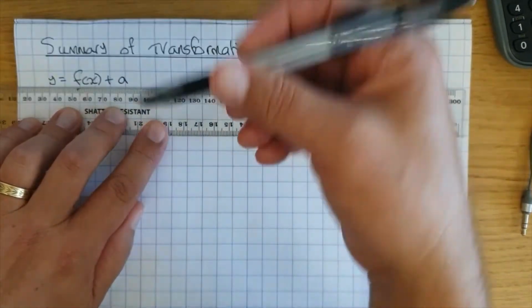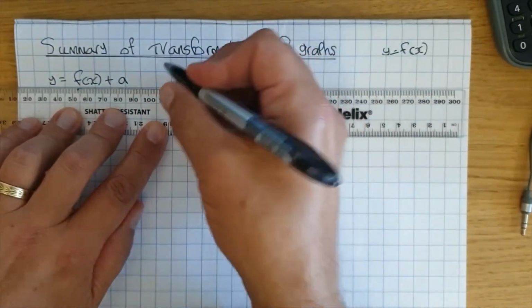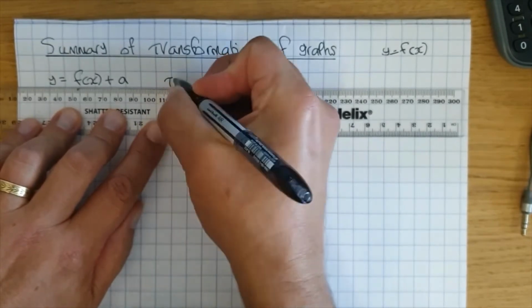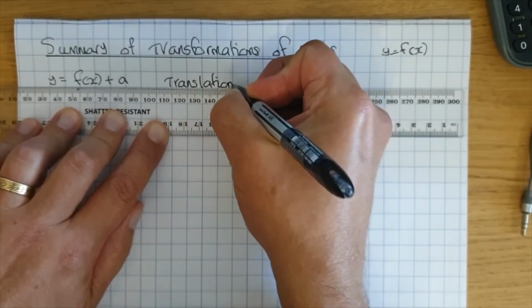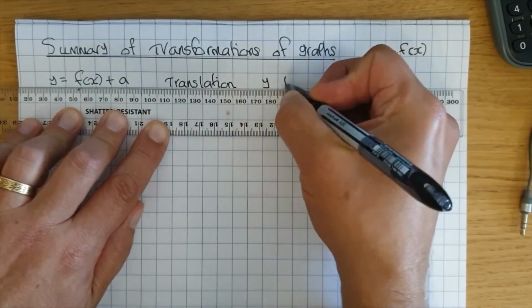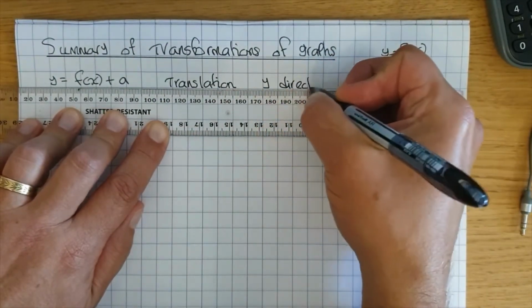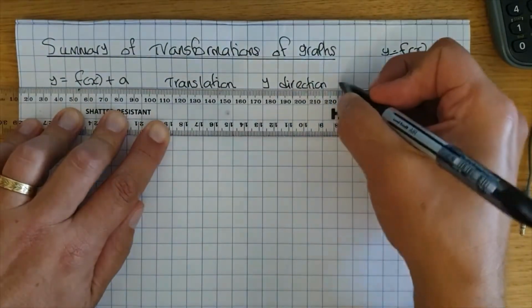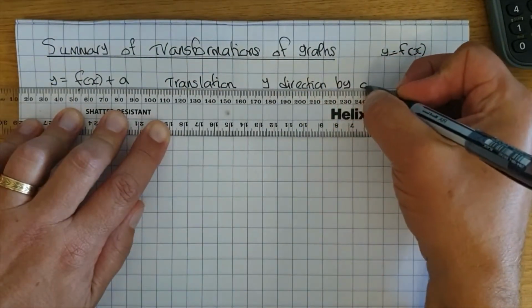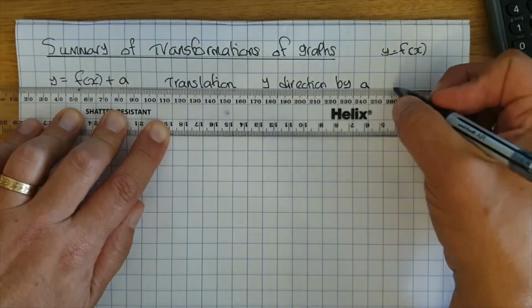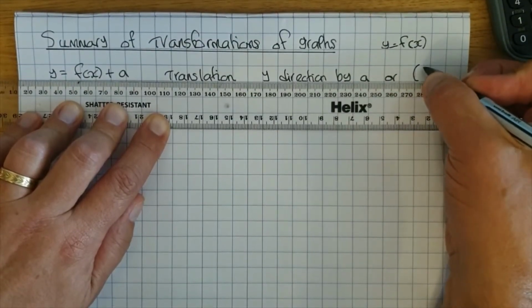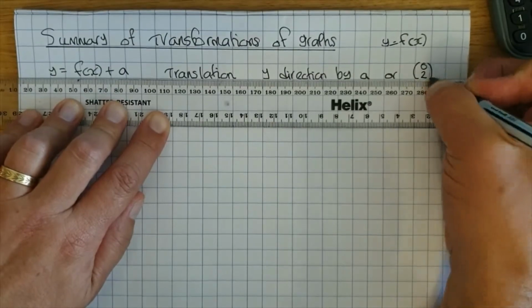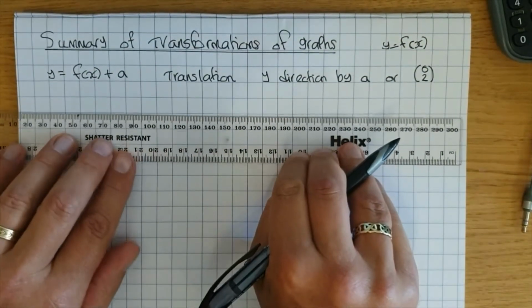So this is a translation in the y direction by a, or we can think about it as using the vector 0, 2 as a translation.